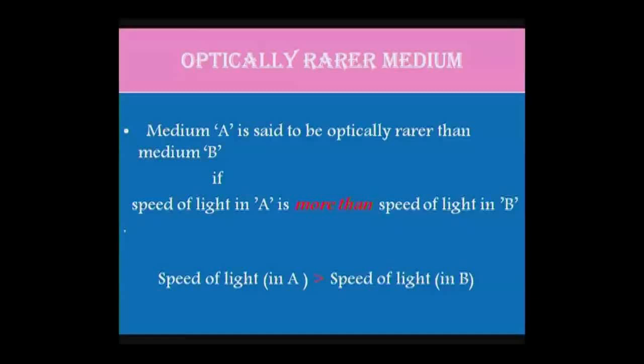Medium A is said to be optically rarer than medium B if speed of light in A is more than speed of light in B. That is, speed of light in A is greater than speed of light in B.